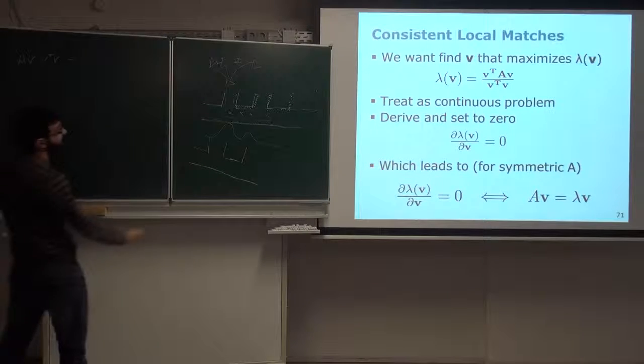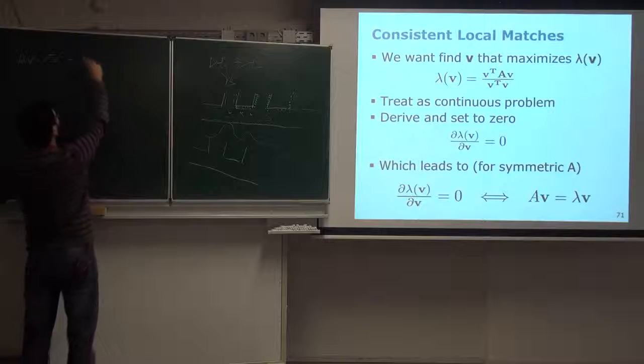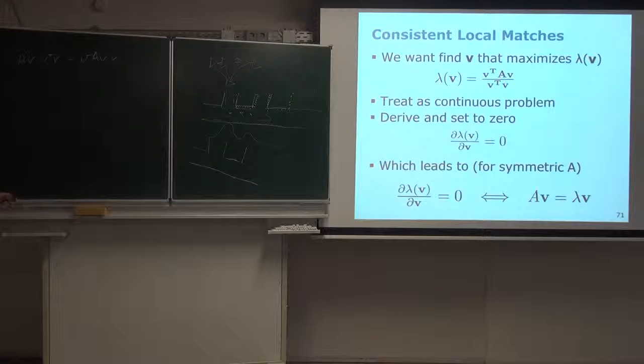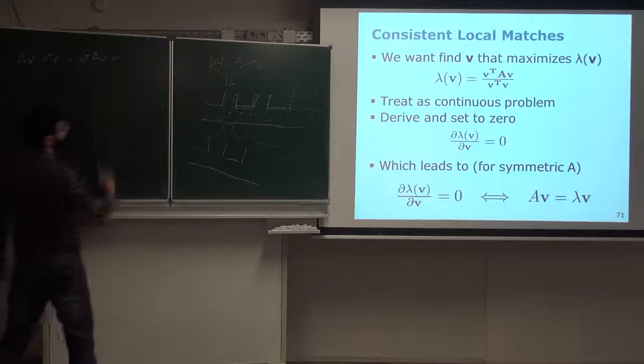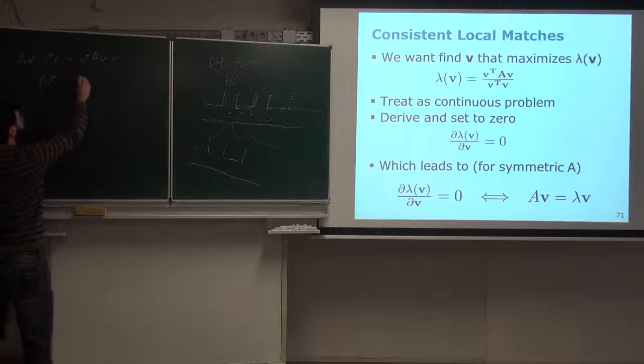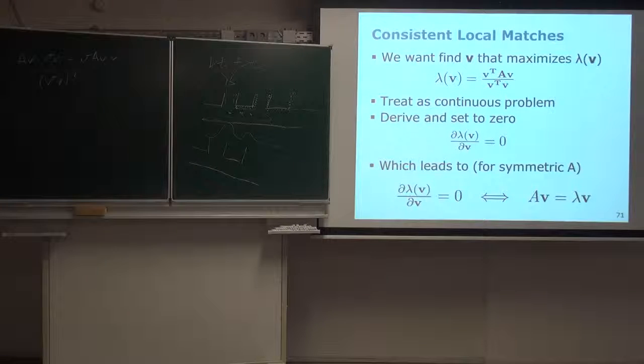So then we have v transpose A v times the derivative of the down term, and we divide by v transpose v squared. That's just the gradient of this function. Now we can see that there is a part here that is together, so it can be eliminated.